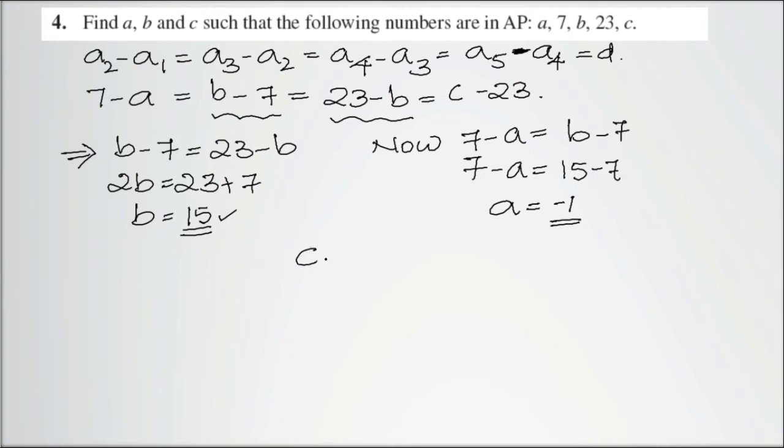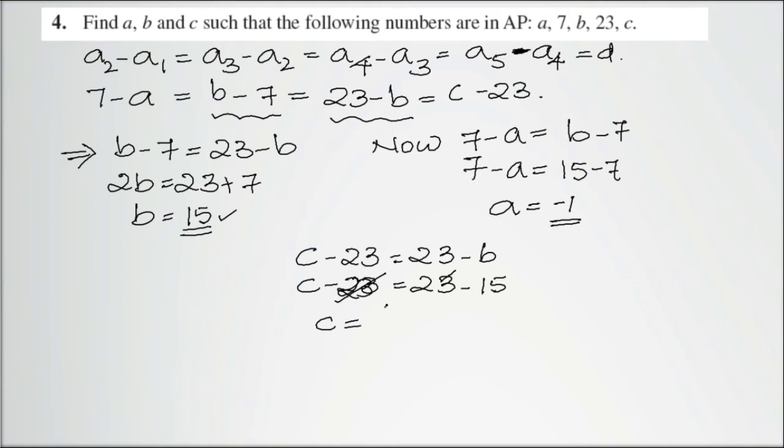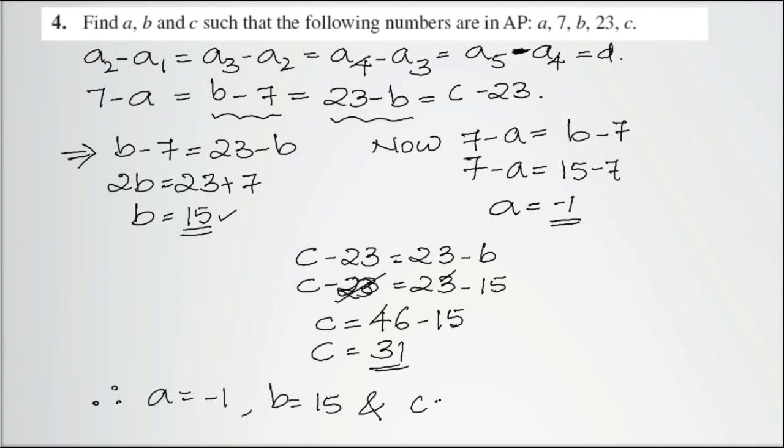Now I can consider C minus 23 as 23 minus B. So C minus 23 will be equal to 23 minus 15. So C value will become 23 plus 8, which is 31. Therefore, we have found the value of A as -1, value of B as 15, and the value of C as 31. These are the values.